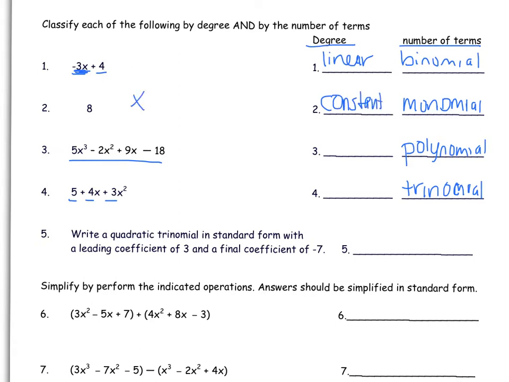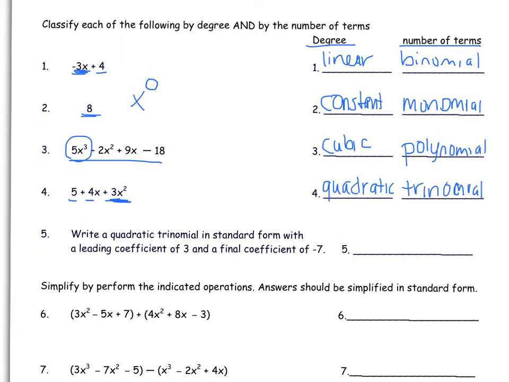This would be like if there was a variable, it'd be to the 0 power, so it doesn't change the coefficient at all. Here, the highest exponent is 3, so that's cubic, and 2 is quadratic. Remember, if it's 4, it's quartic. And after that, we just say the degree is.